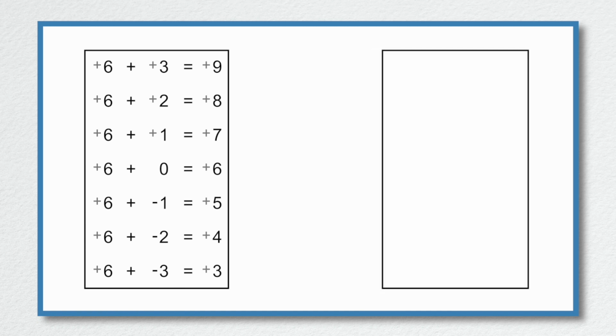I'm now going to do another table, and we're going to have 6 subtract 3, or positive 6 subtract positive 3. And of course the answer to that is positive 3. Let's now repeat this for 6 subtract 2, which is positive 4. 6 subtract positive 1, which is positive 5. 6 subtract 0, which is equal to positive 6.